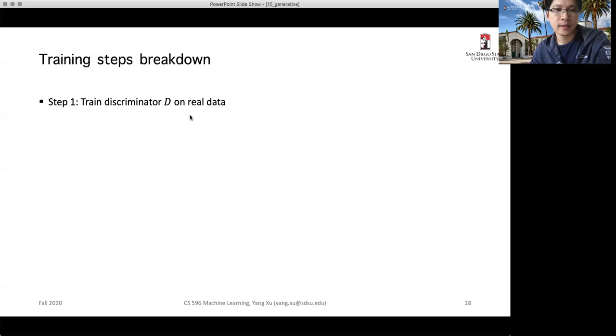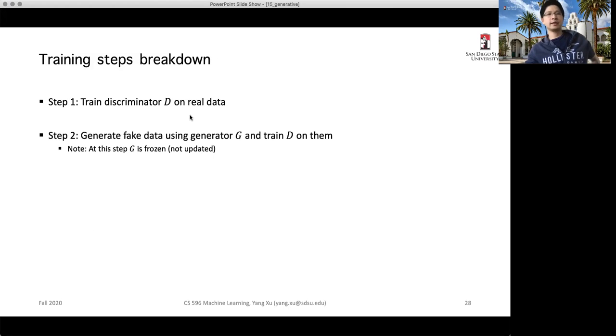All right. And the training steps are quite tricky. Nowadays, people have developed various types of GAN-based techniques to make the training process more stable. But the basic idea is that we need to train a discriminator first on real data, and then generate fake data using the generator and train the discriminator on the fake data.